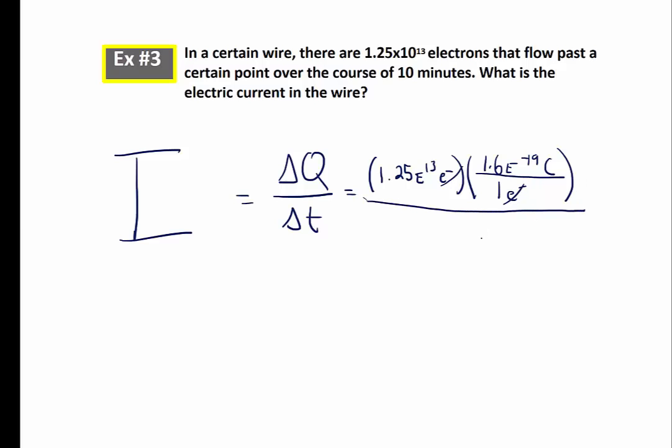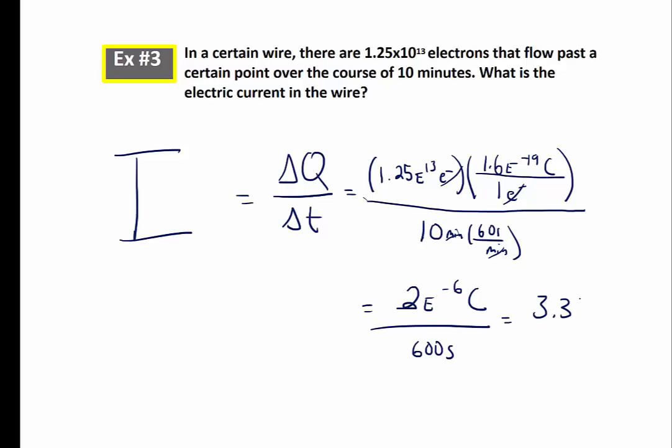That's going to give me the charge up top, and then I've got 10 minutes, so 10 minutes times 60 seconds per minute. Here we have a nice fun problem. When I multiply all those out, I'm going to get 2 times 10 to the negative 6 coulombs over 600 seconds. And that's going to be 3.33 times 10 to the negative 9th amps, or coulombs per second.